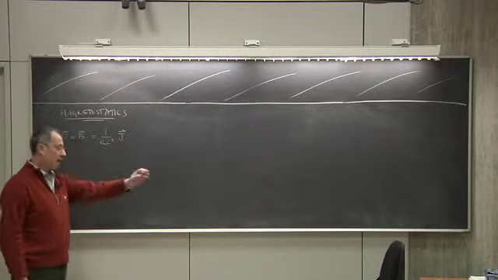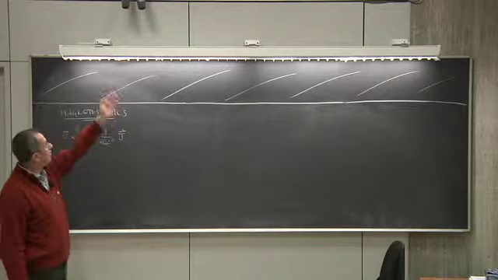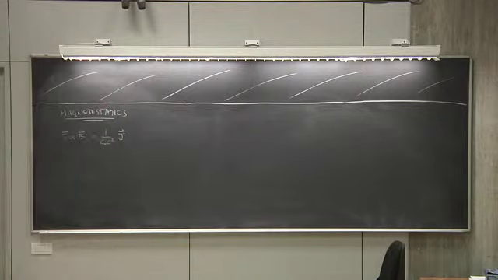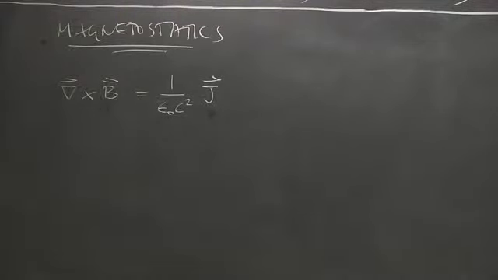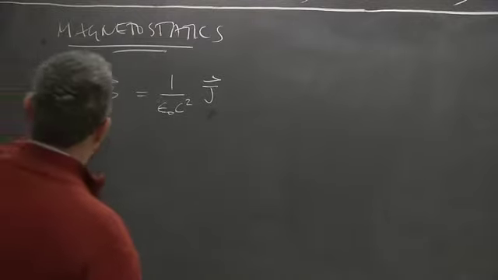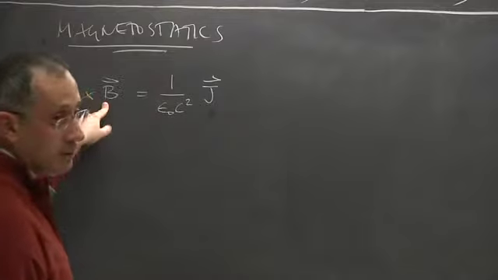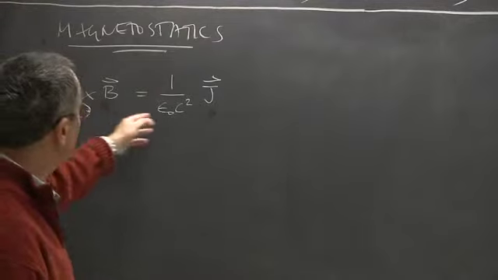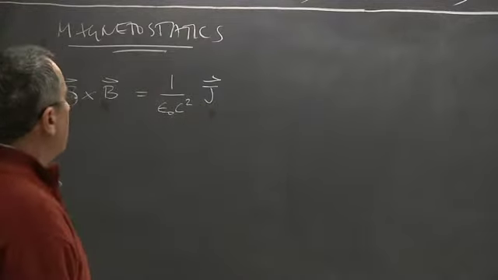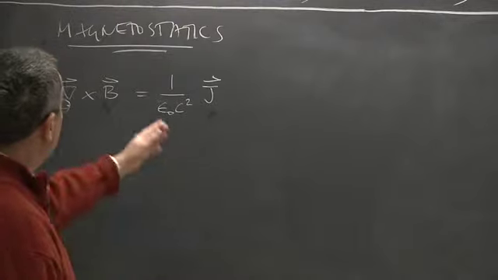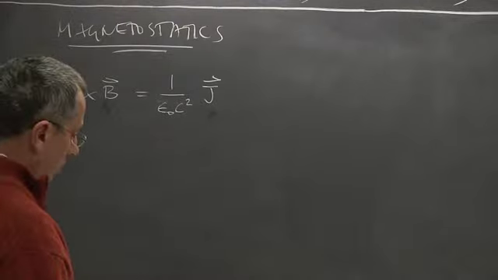So if you have this current, like in a wire producing this light, and you go around with your integral, you discover that there is a non-vanishing B field. So steady electric currents produce magnetic fields.